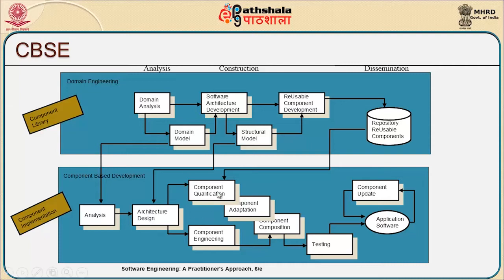We have component qualification, component engineering, component composition and adaptation, which is given for testing for a specific application software, and any updates required can be made only to those specific components for reuse.